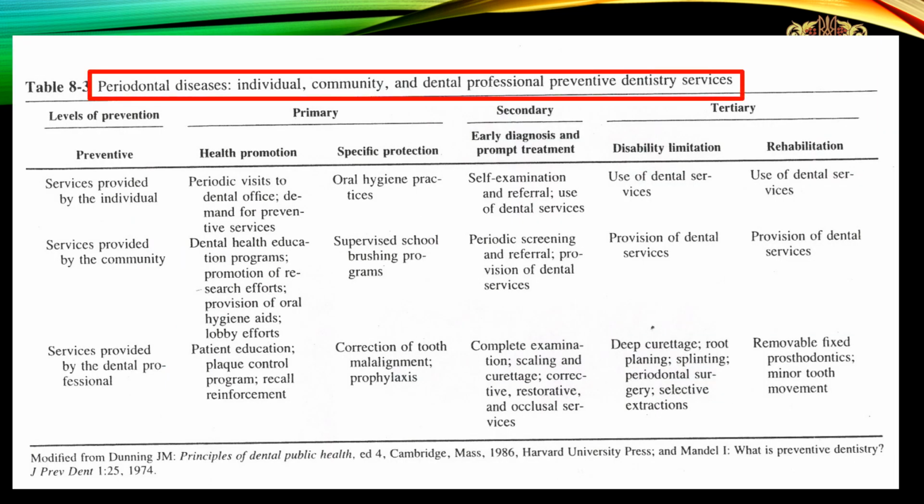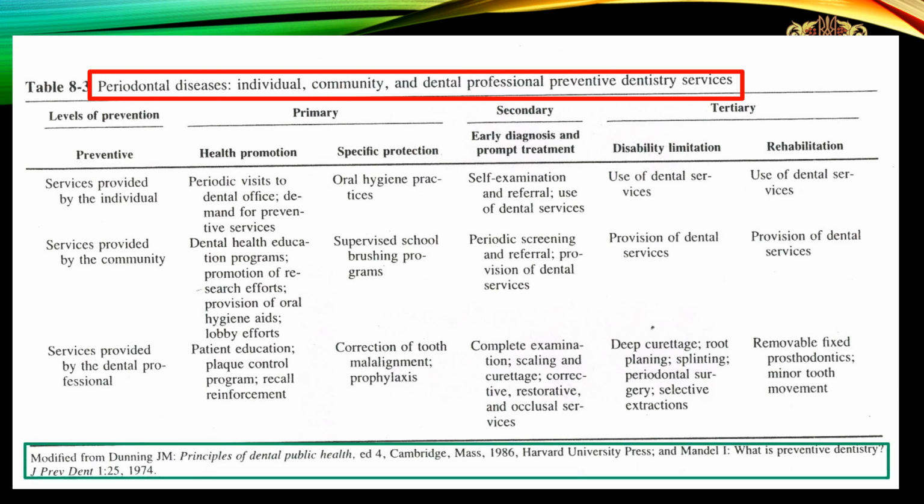This scheme looks like the previous one. For the primary level of prevention, with services provided by the individual, for health promotion there will be periodic visits to the dental office, demand for preventive services, and specific protection, oral hygiene practices.